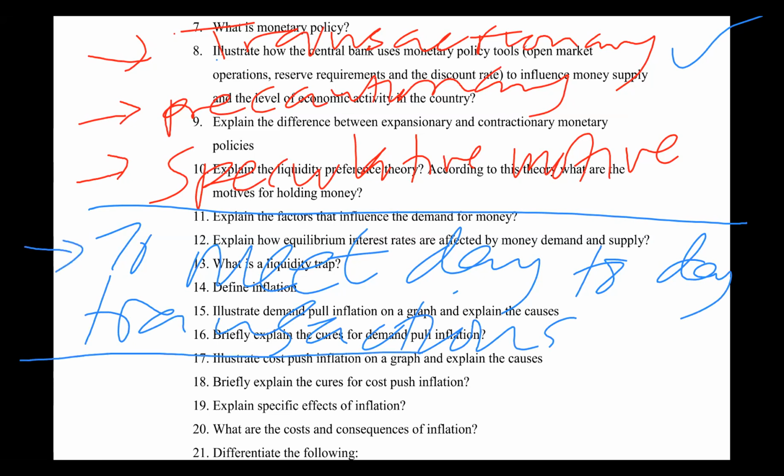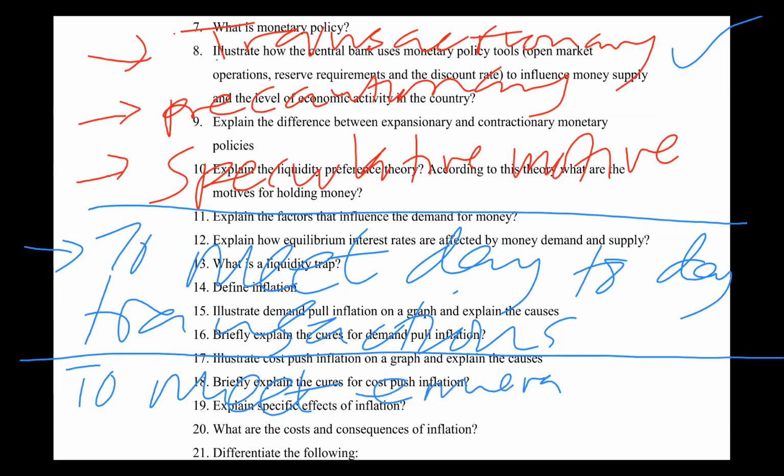The other motive that influences people to hold money is called the precautionary motive. It says that people want to hold money to meet unplanned transactions, or emergencies, so that they can fend off their emergencies.